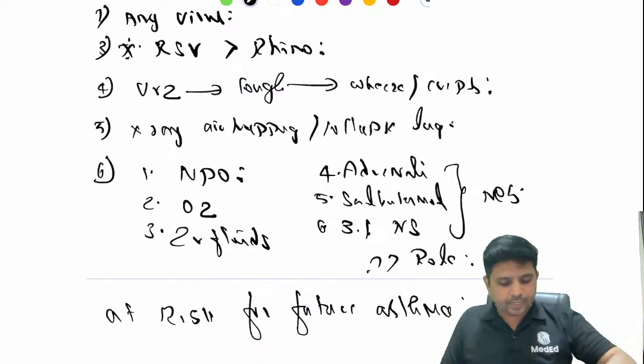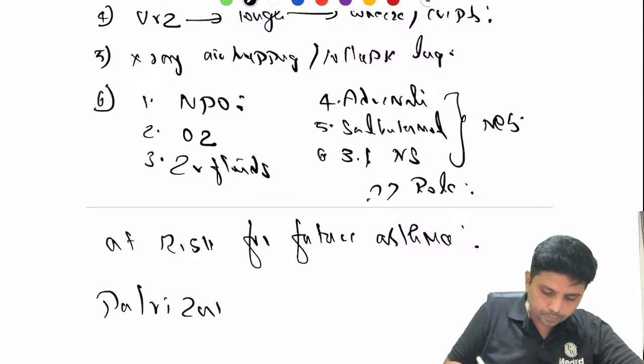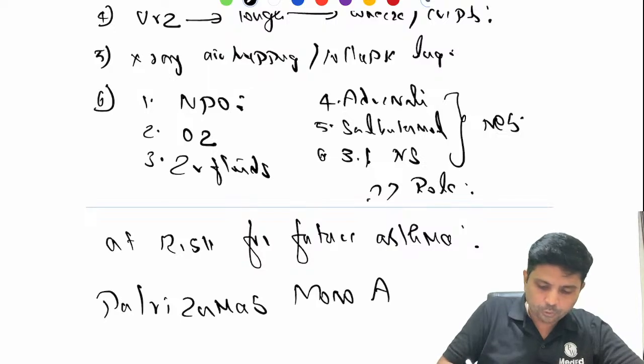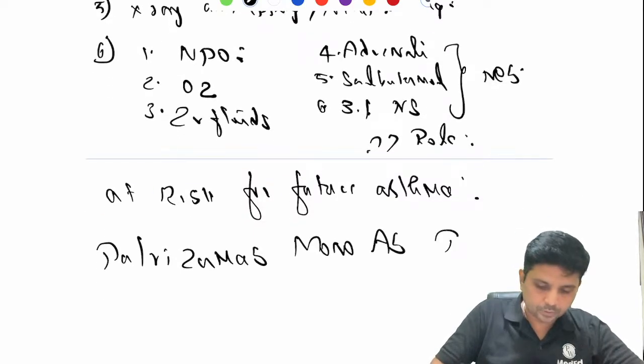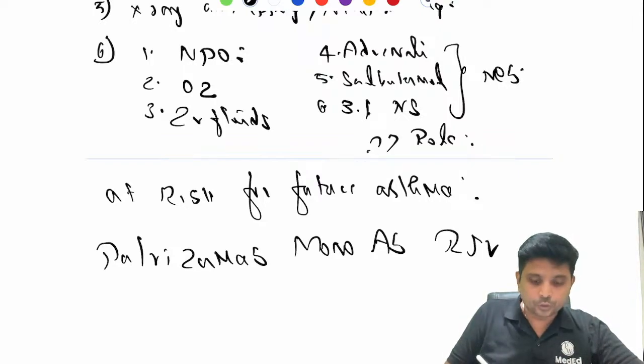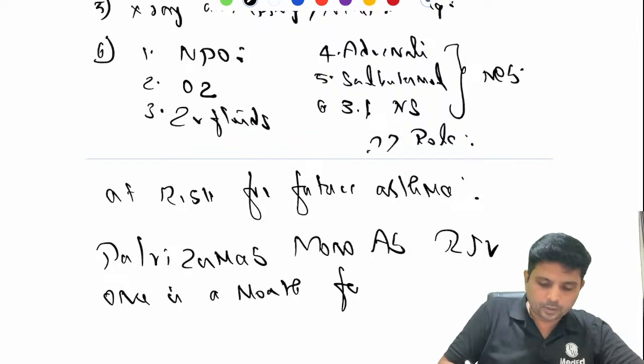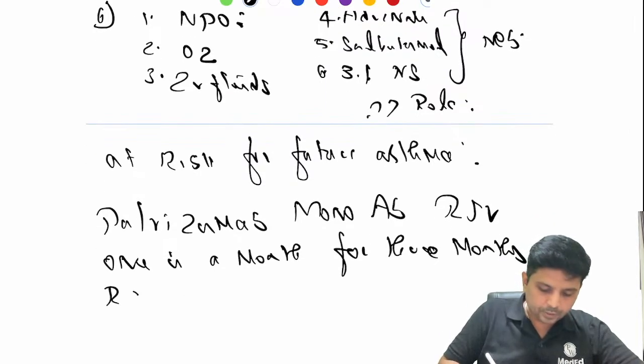Is there any preventive drug available? Yes. You have palivizumab. This is a monoclonal antibody against RSV, and it should be given once a month for 3 months during RSV season.